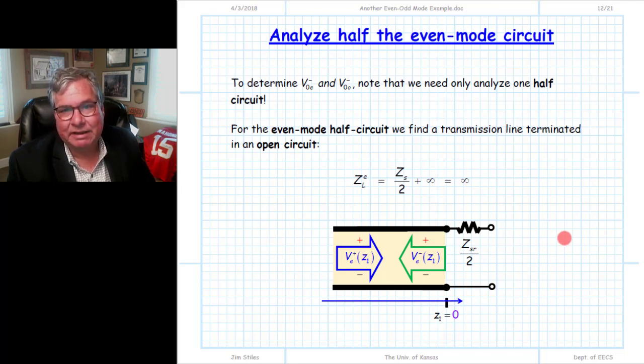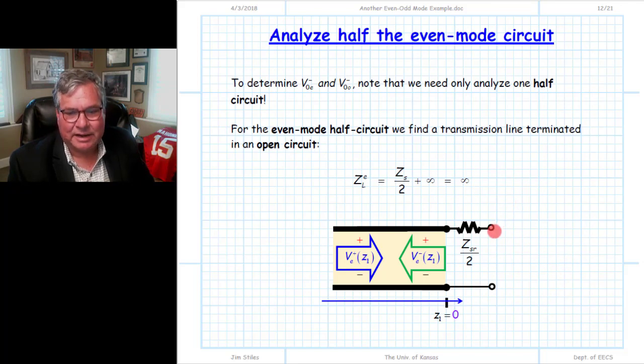As with our previous even-odd mode analysis examples, we see that we only need to analyze half our circuit. Once we apply our even mode sources, we turn off the odd mode incident waves and are left with the even mode incident waves. We establish a virtual open in the plane of bilateral symmetry, and so we can cut the circuit into two identical pieces and simply analyze one side and use the results to determine the minus wave amplitudes on the other.